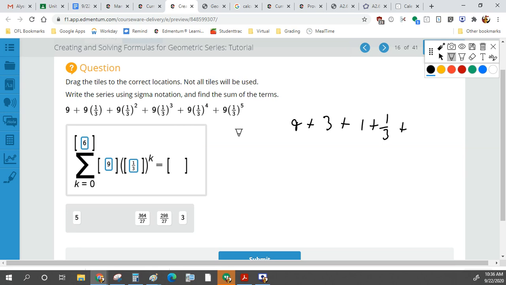We have 6 terms. 1, 2, oh wait, 1, 2, 3, 4, 5, 6. They tricked me, guys. It's 5. We do have 6 terms, but we're stopping at 5 because this is our a sub 0, not a sub 1.